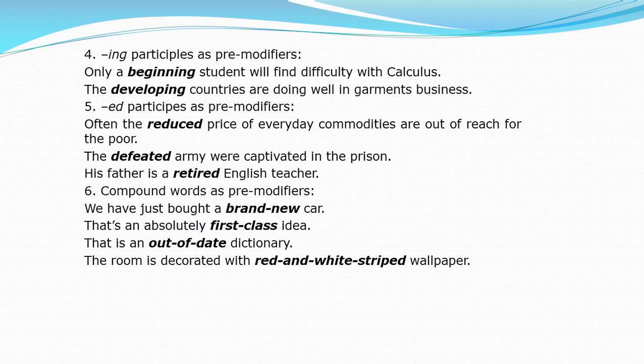Red and white stripe. There are four words. So if you study these sentences, then you will be able to understand what is a modifier, what is a pre-modifier, what is a post-modifier.